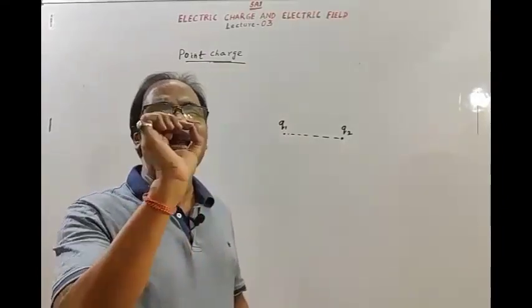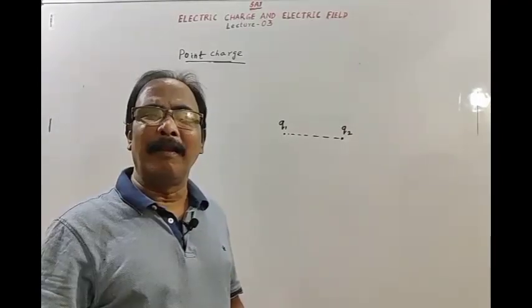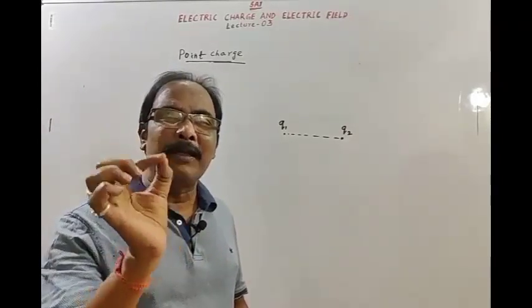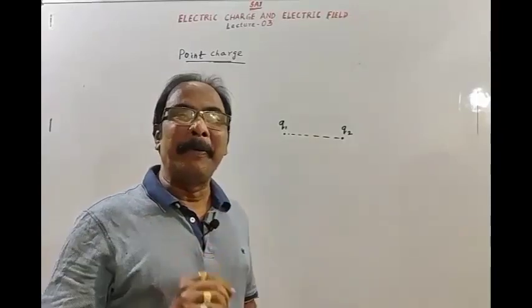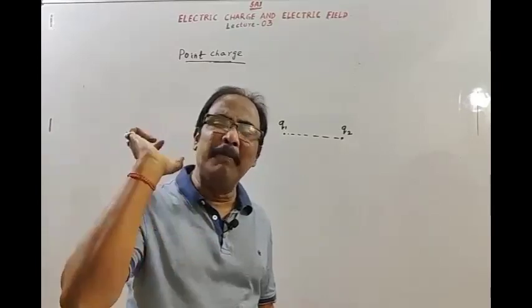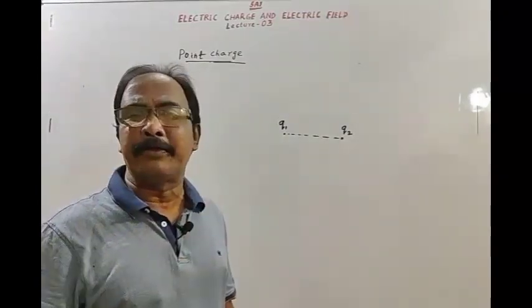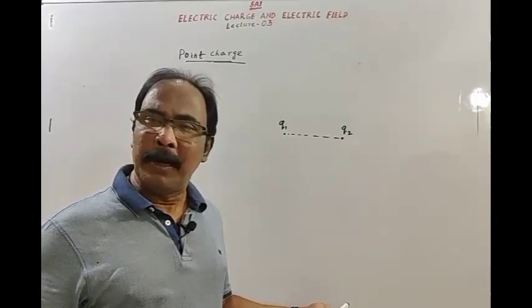So a point charge means such a small particle on which charge resides. If the size of the particle on which the charge resides is extremely or vanishingly small, then it may be called a point charge.